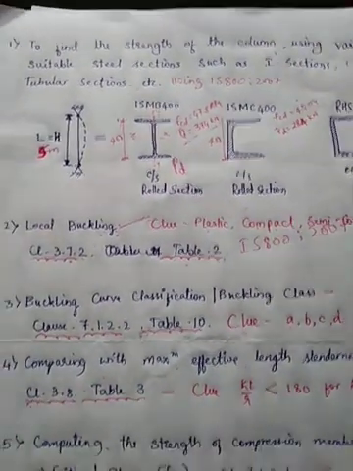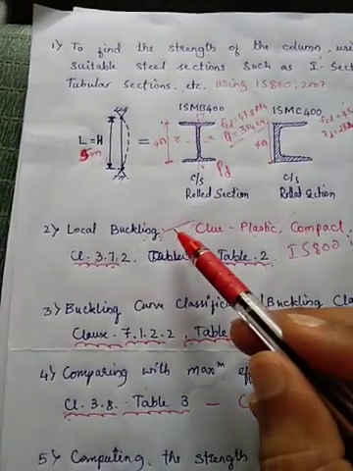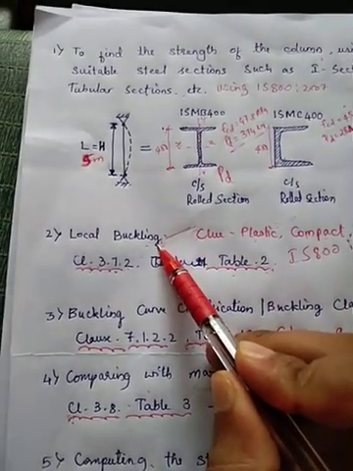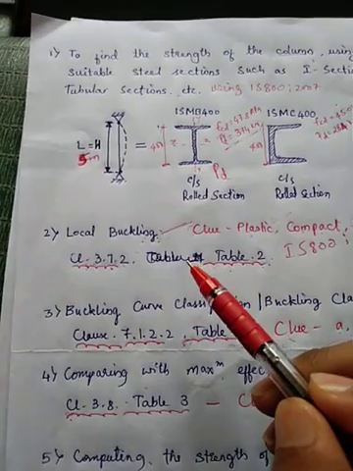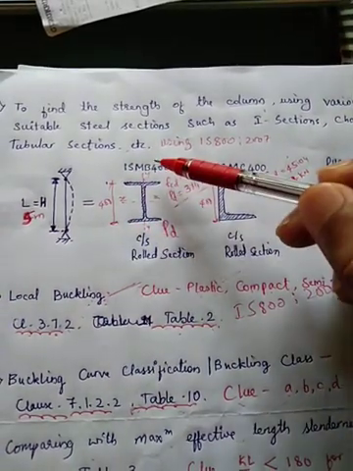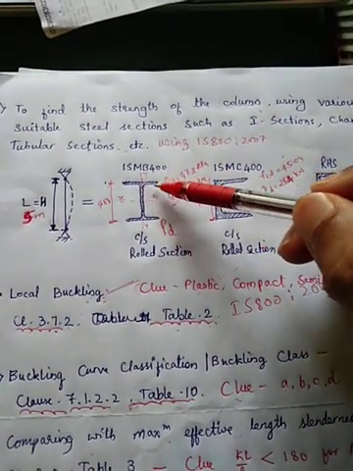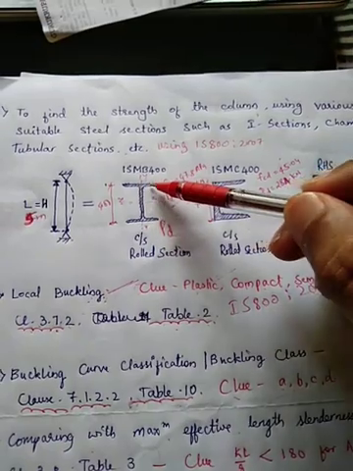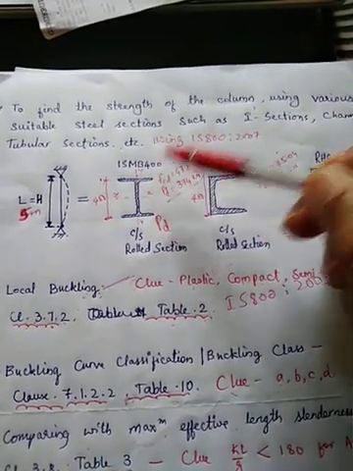In my first step, what I follow is to find the local buckling. As I have already discussed, what is local buckling? It is a failure which occurs in these sections, where the individual elements will buckle.